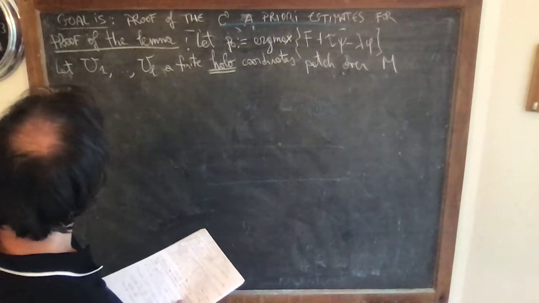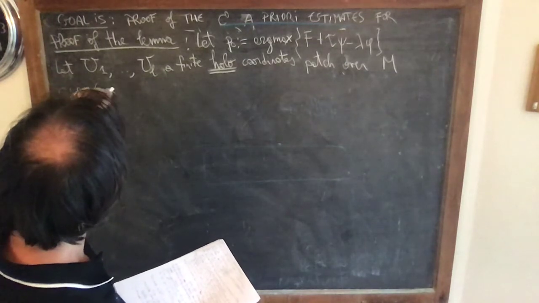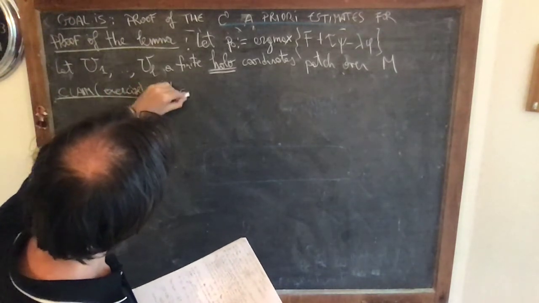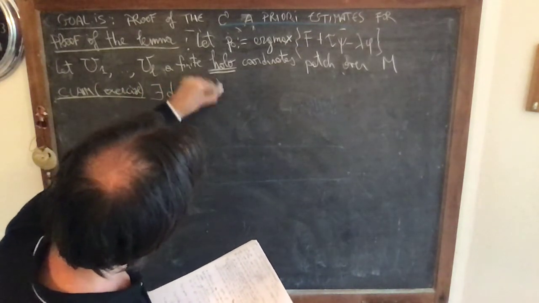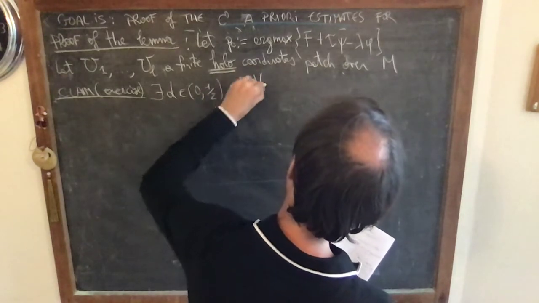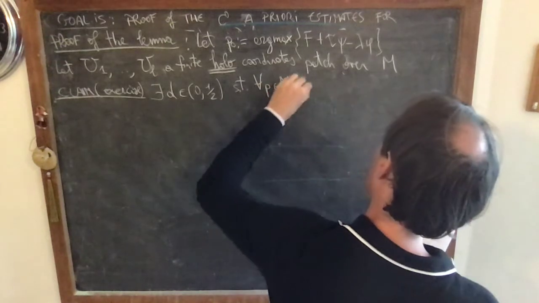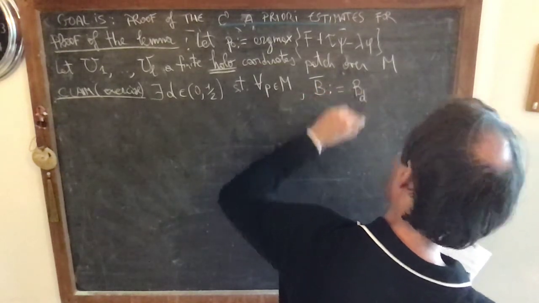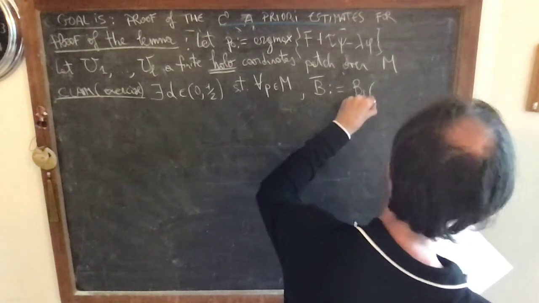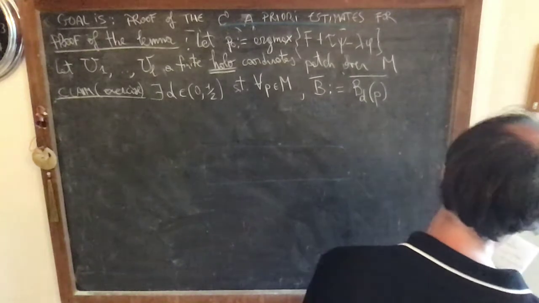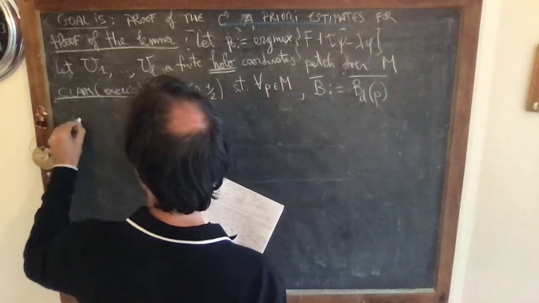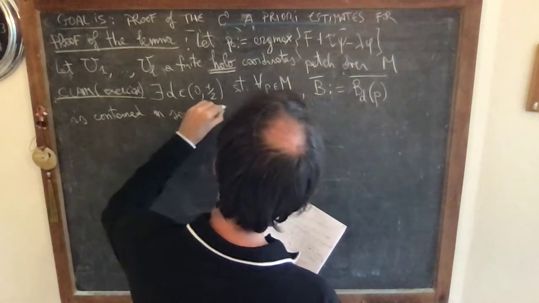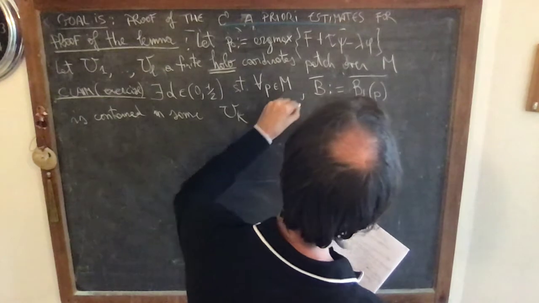Now we claim, this is an exercise. There exists a number d between 0 and 1/2 such that for every point P on the manifold, the closed ball of radius d centered at P is contained in some U_k, k running from 1 to n.